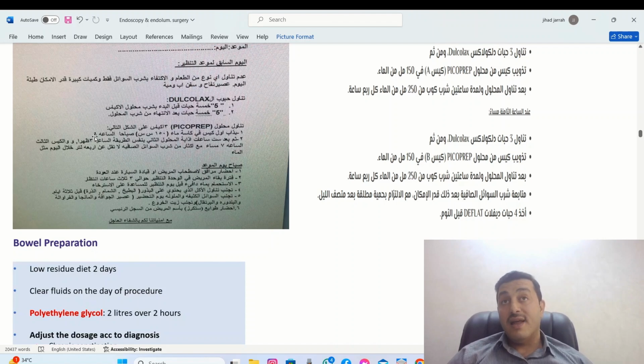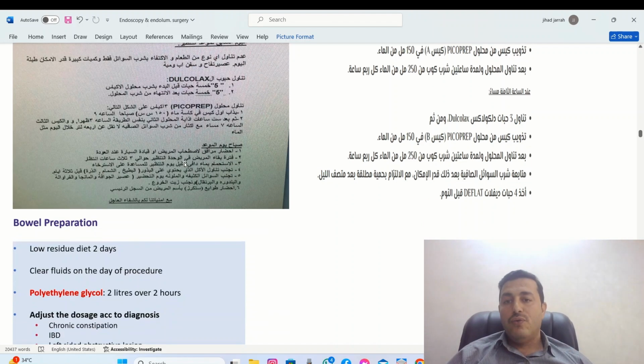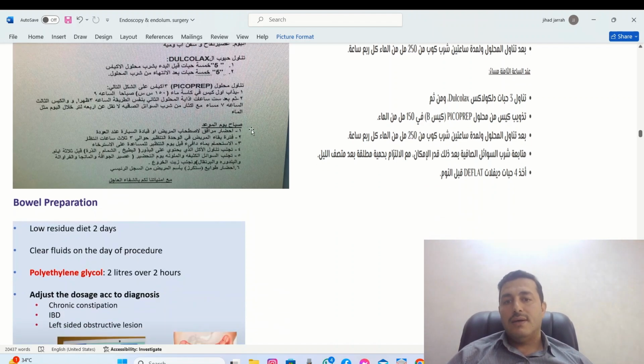The first dose at 9 o'clock the day before the colonoscopy, the second dose at 3 p.m. the day before, and the last dose at 7 p.m., plus plenty of water, about 4 liters of water, on the day of the colonoscopy.